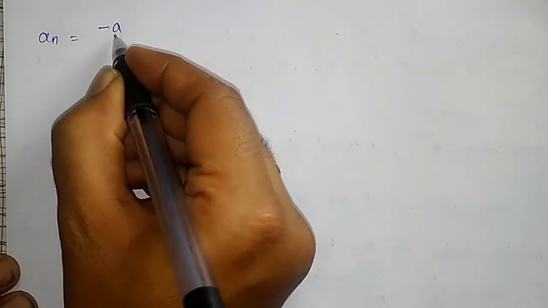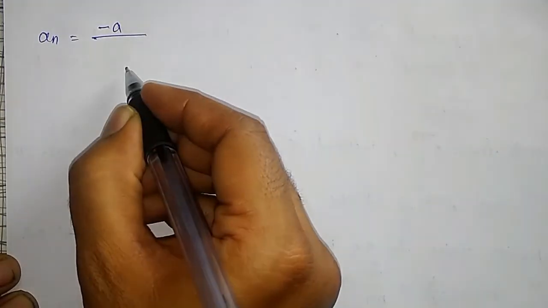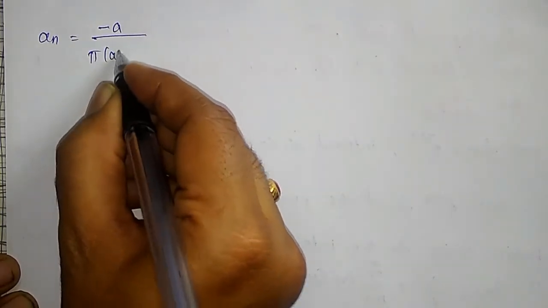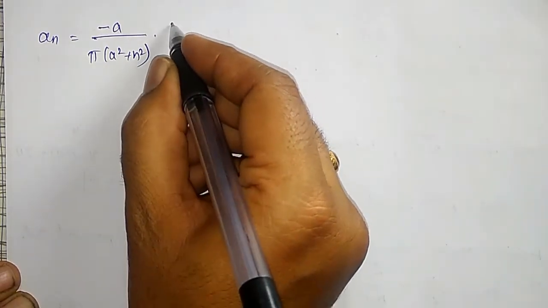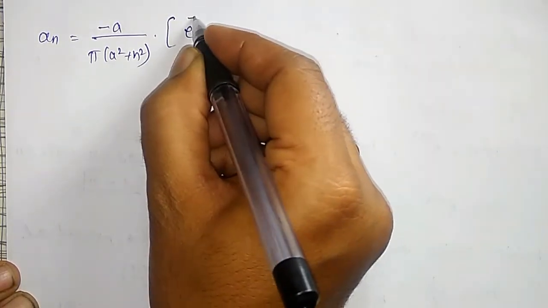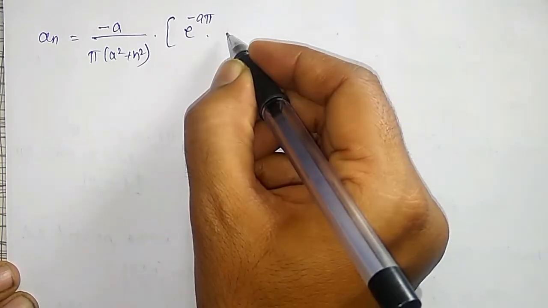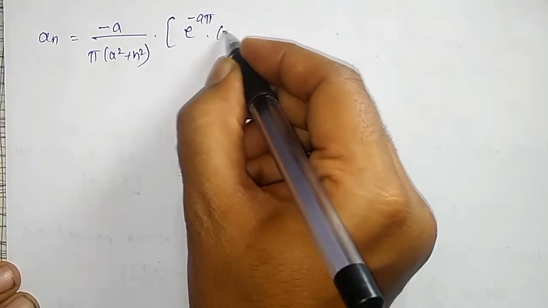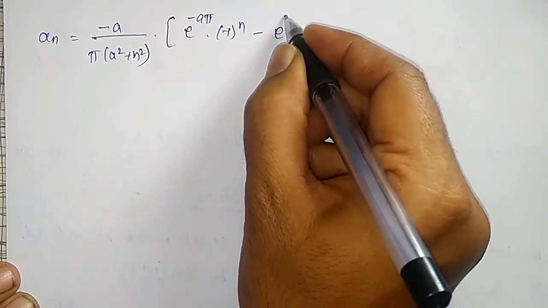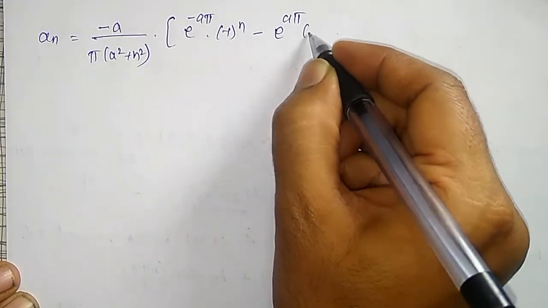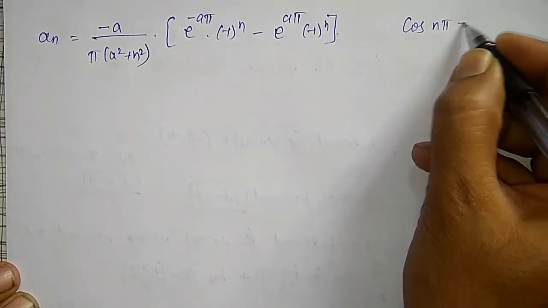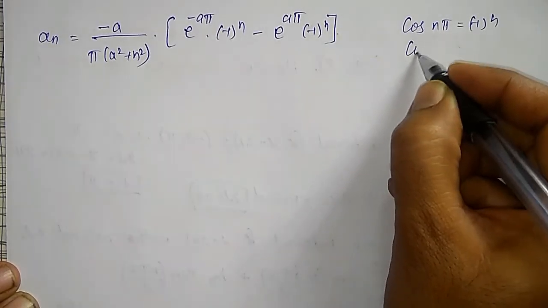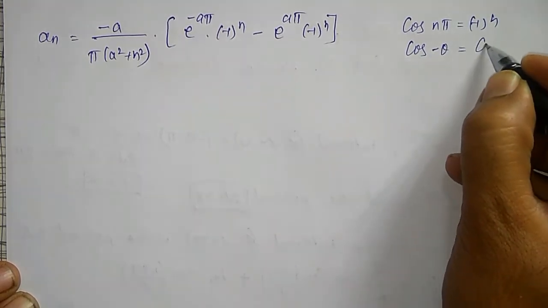Next, a n is equal to minus a divided by pi into a square plus n square, into e to the power minus a pi into cos of n pi, which is minus 1 raised to n, minus e to the power a pi into again minus 1 raised to n, because cos of n pi is equal to minus 1 raised to n, whereas cos of minus theta is equal to plus cos theta.